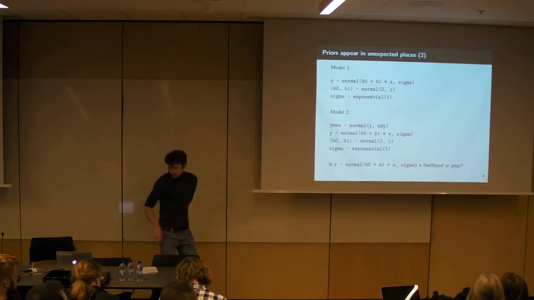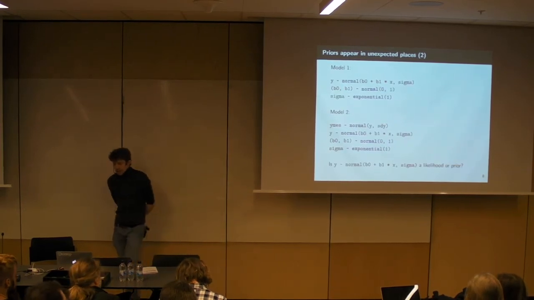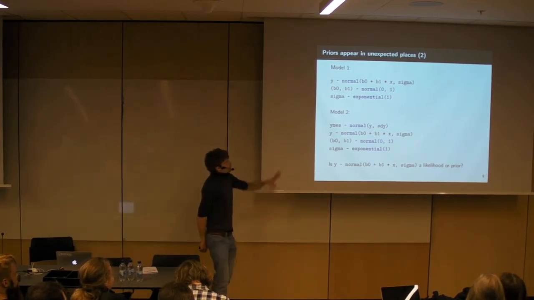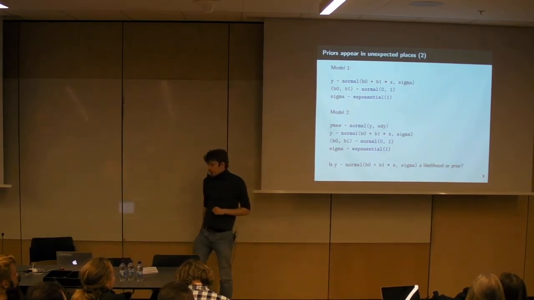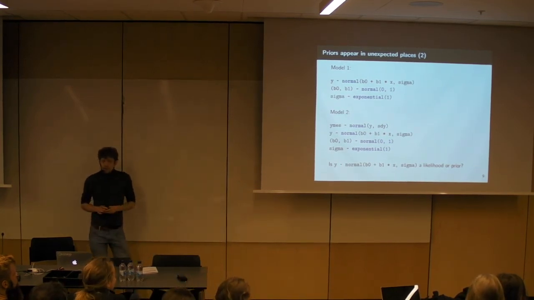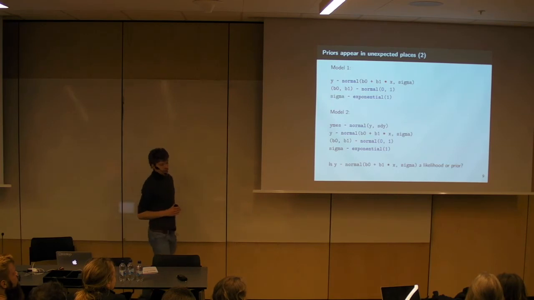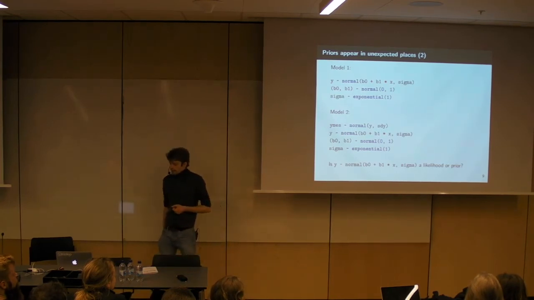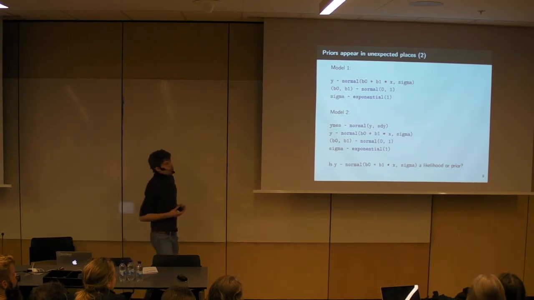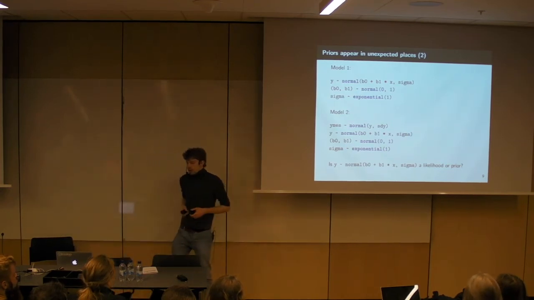Then there's another example where priors can appear in unexpected places. For instance, consider model 1. Assume it's just the same as the last one, but without multi-level structure, so just one outcome per person. For instance, one treatment effect, depending on the motivation X of the patient. What we usually do in psychology is ignore measurement error.